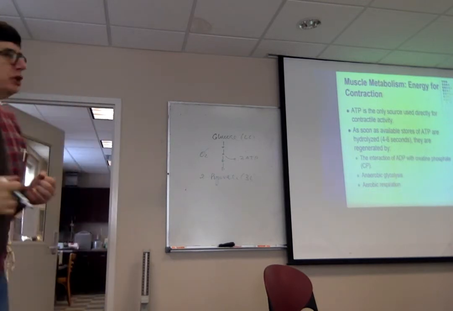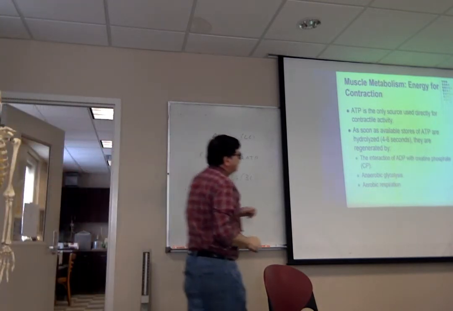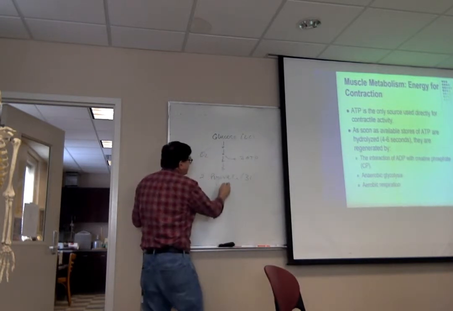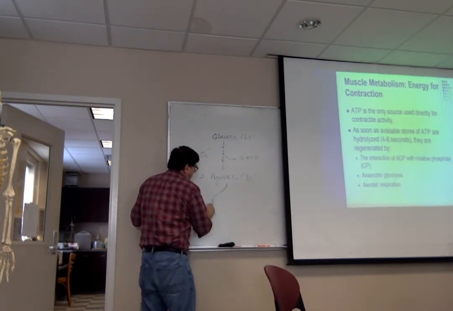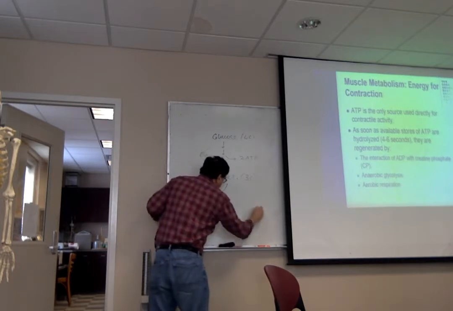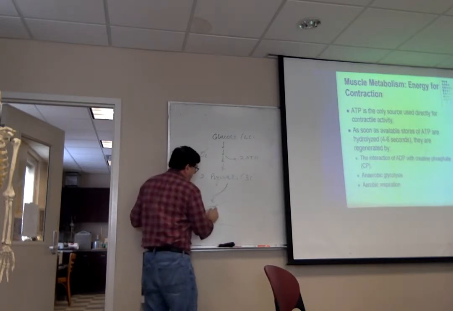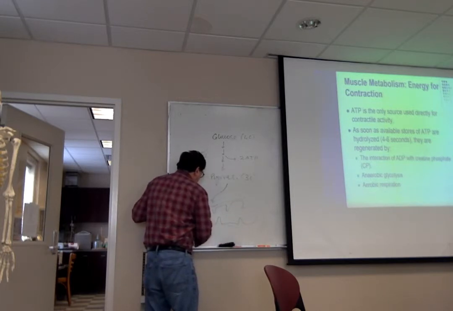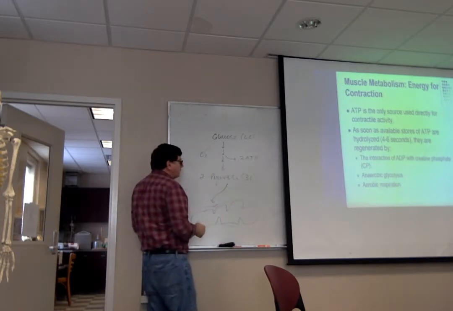Now, if oxygen is available, then we can carry out aerobic respiration, where we take the pyruvate, transport it into the mitochondria, and carry out the Krebs cycle.